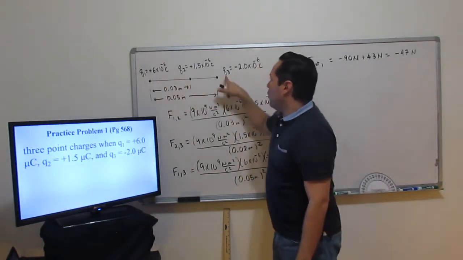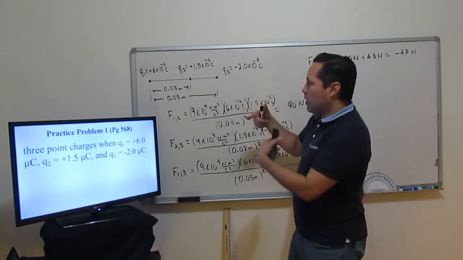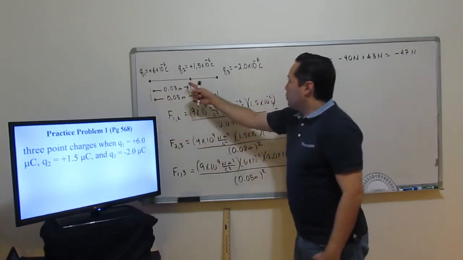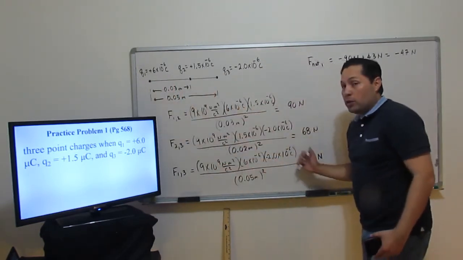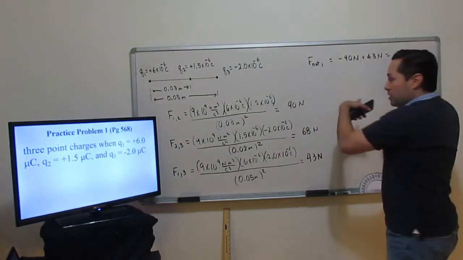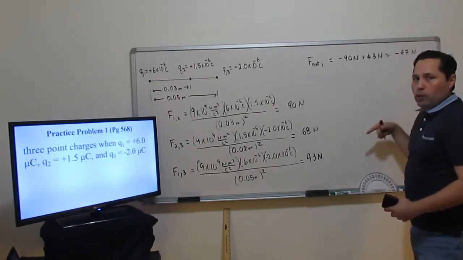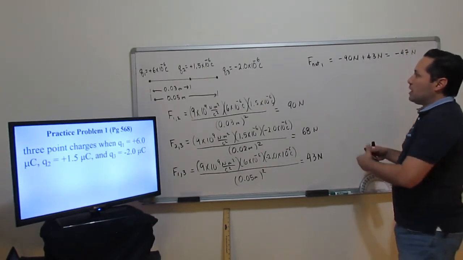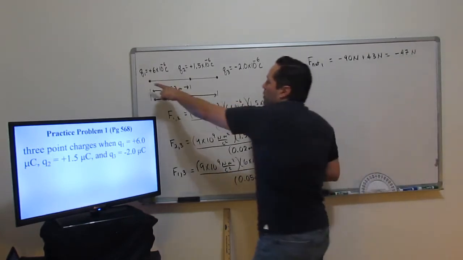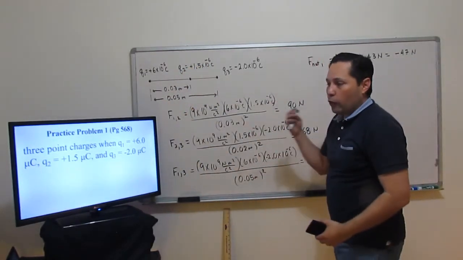The force between 1 and 3. Notice that one is positive and that is negative, so it's an attractive force of 43, so it's going to be pulled toward the right. I put positive because positive is to the right. Put it together, and our net force is negative 47. What does that mean? It means that overall, Q1 is going to the left with a force of 47 newtons.